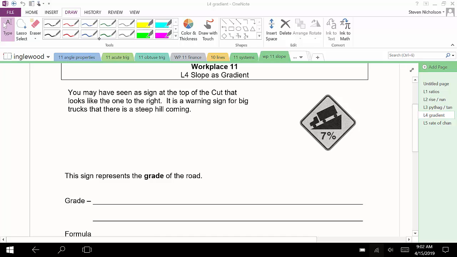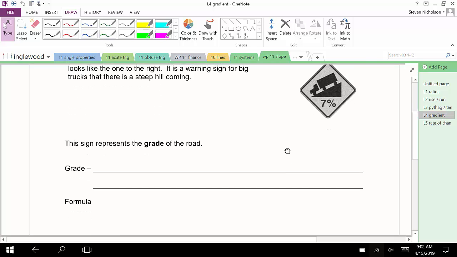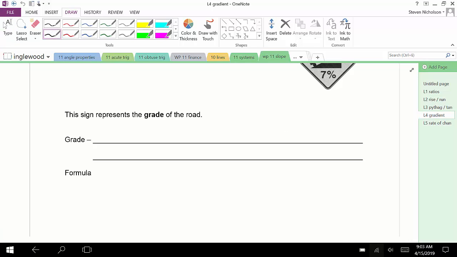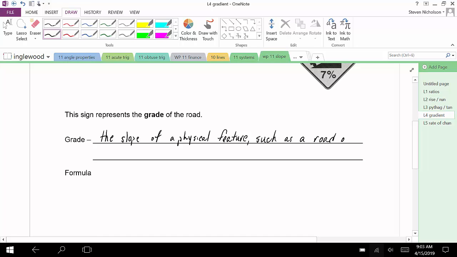And what this sign represents is the grade of the road. And the grade of the road, or the grade, is the slope of a physical feature such as a road or hill, and it's often expressed as a percent.